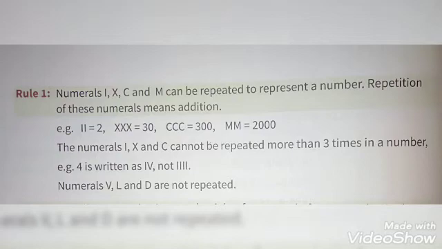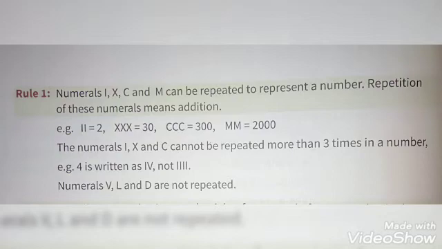The numerals I, X and C cannot be repeated more than 3 times in a number. Like 4 is written as IV, not IIII. It cannot be repeated 4 times. Up to 3 times is okay, but 4 times it cannot be repeated. Numerals V, L and D are not repeated.